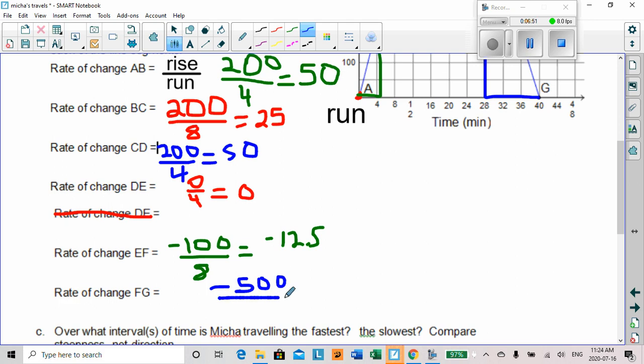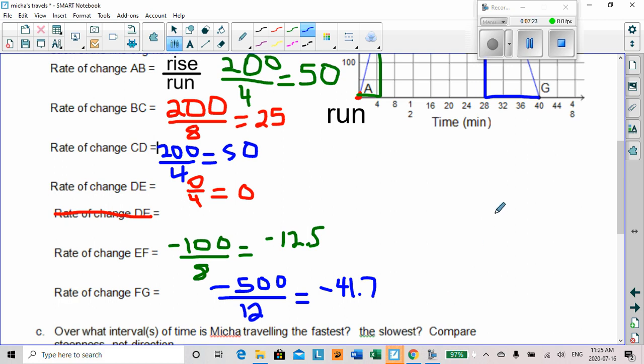And the run goes from 28 to 40, so that is a run of 12. This is a negative divided by a positive, so it's going to be a negative because it's going back down. And 500 divided by 12 is 41.666, repeated forever. So I'm going to round that to 41.7 meters per minute.